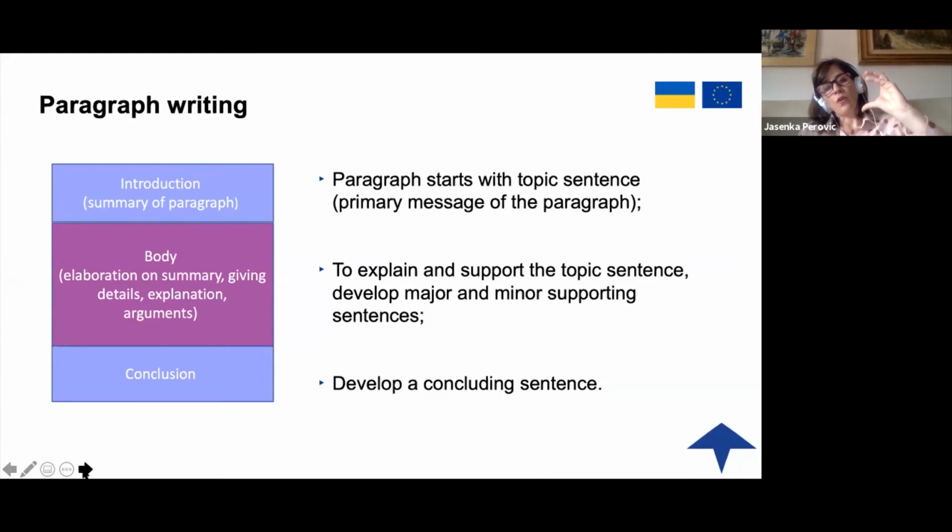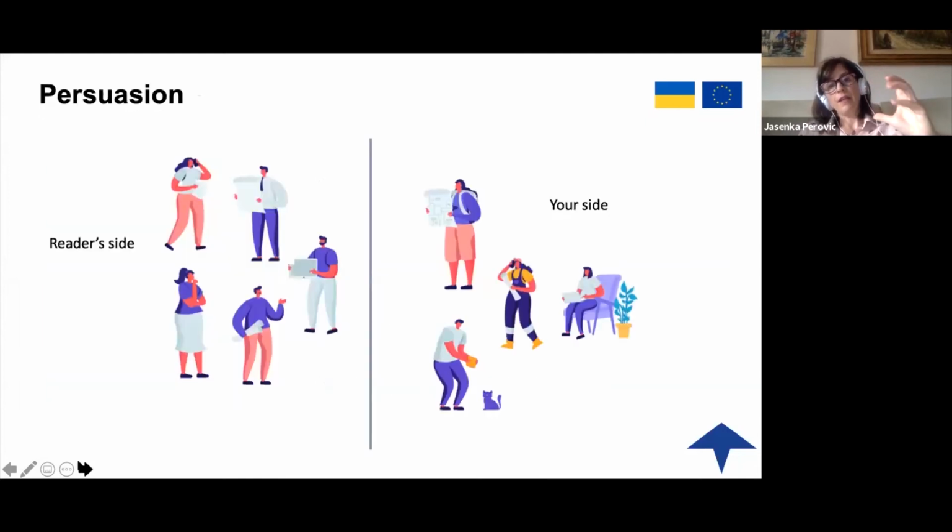Why are you doing this? You have to think of your reader. You have one group of people on one side who are readers, and you on the other side. For you, everything is logical and clear, but for your reader, maybe it's not. So you really have to make sure that the ideas you have are passed to your readers in an understandable way.